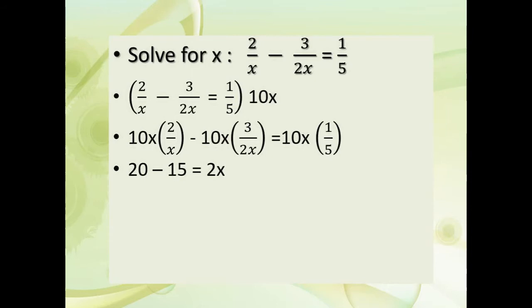So 20 minus 15 is 5. So 5 is equal to 2x. By reflexive property, you can interchange the variable and the constants. So that becomes 2x is equal to 5, with the variable on the left hand side and the constant on the right hand side. So x now is equal to 5 over 2.